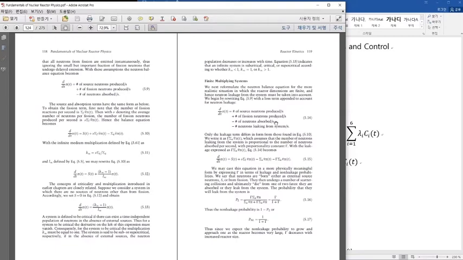And to express the leakage term in a more simplified way, we introduced this gamma factor.